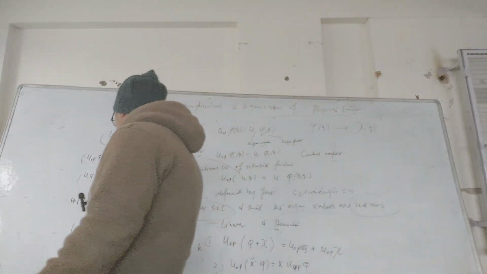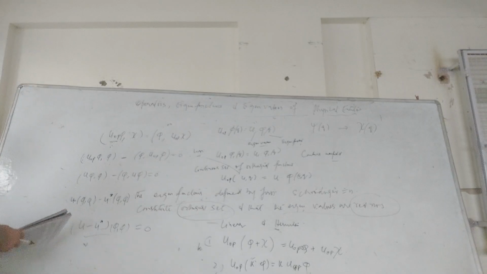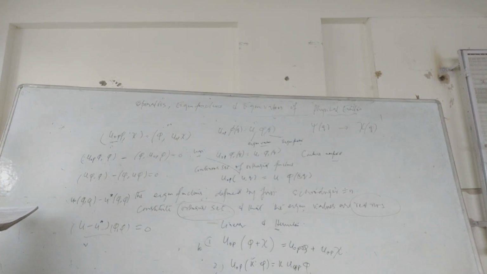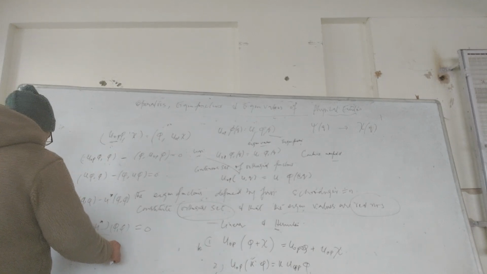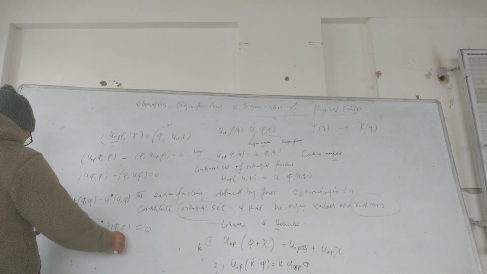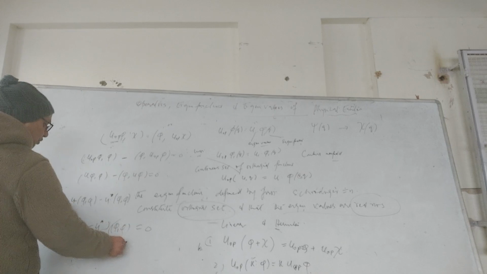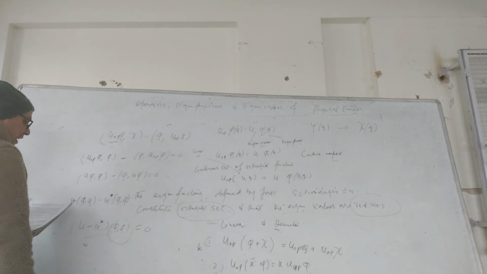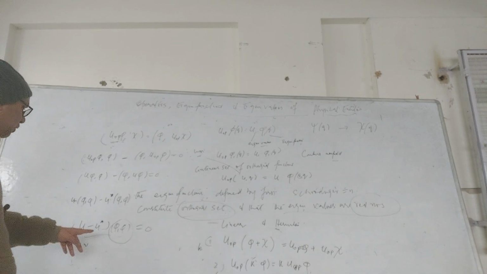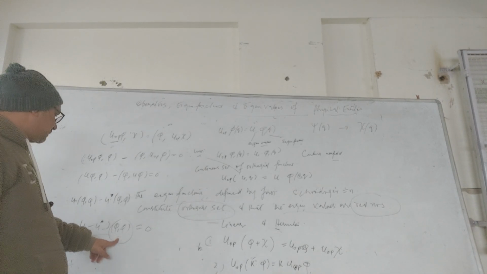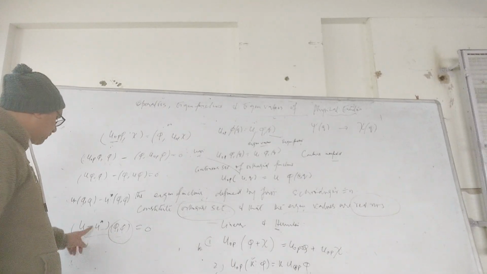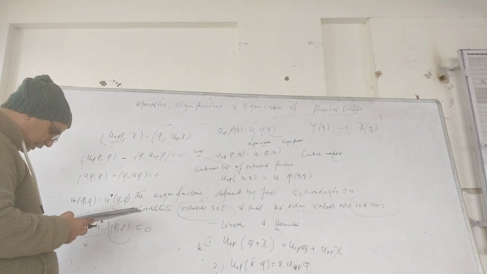So you can say U minus U star is 0. Division by this is permissible since phi star phi is not 0. The inner product of phi and phi is 0 only if the function phi vanishes. Otherwise, it's not 0. So if it's not 0, this means U is equal to U star.